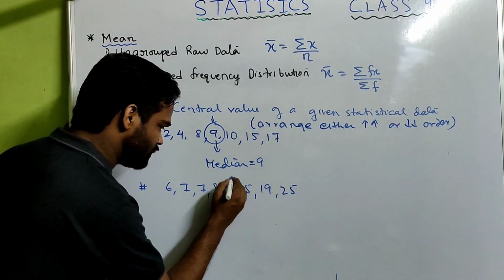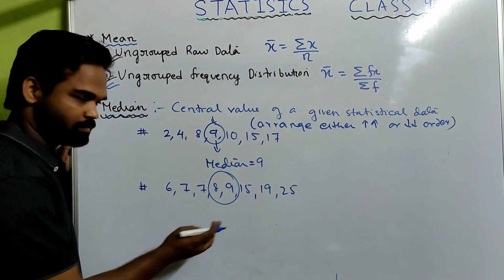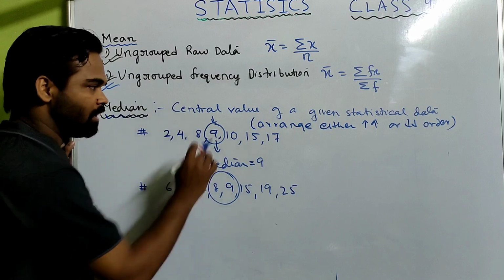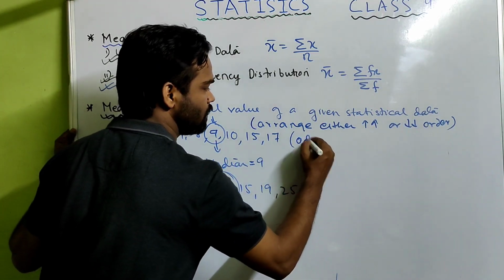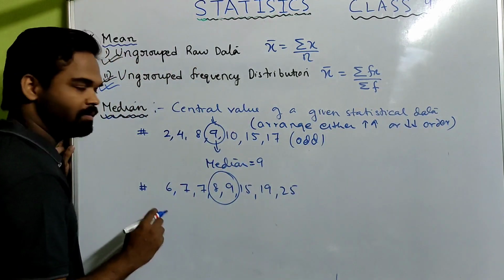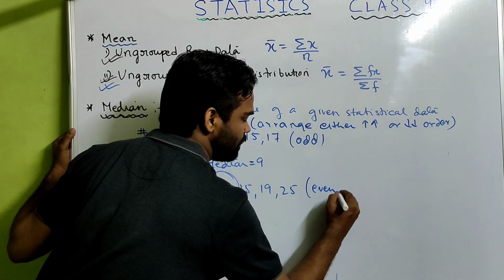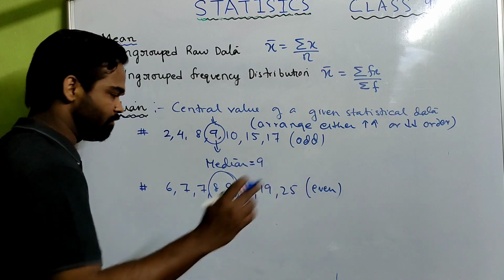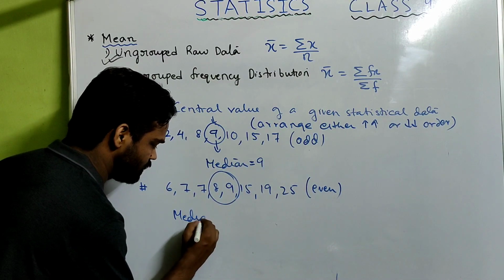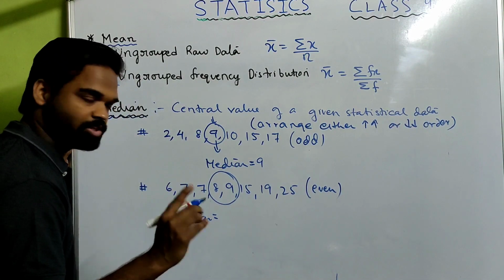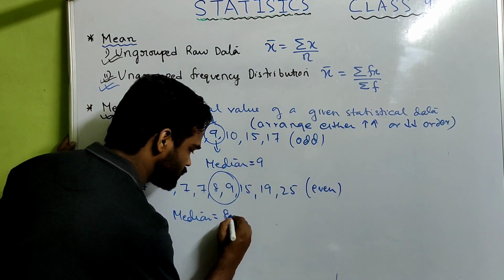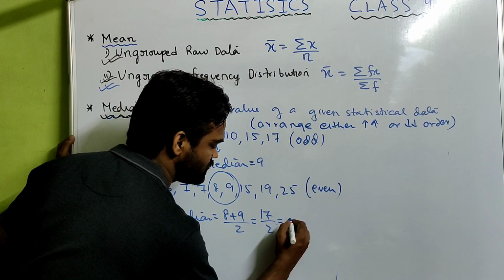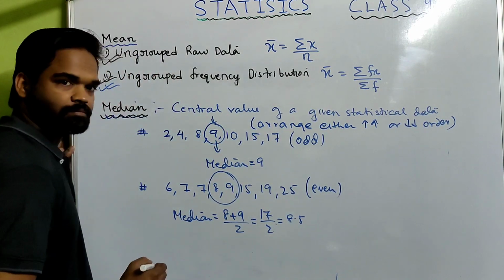Which means these two are in the middle, isn't it? When the number of elements is odd, definitely we have one element in the middle. But when the number of elements is even, then you have two elements in the center, which means in this case the median is given as the average of the middle two, which is 8 plus 9 by 2, which is 17 by 2, that is 8.5.